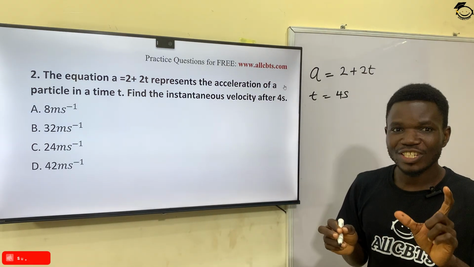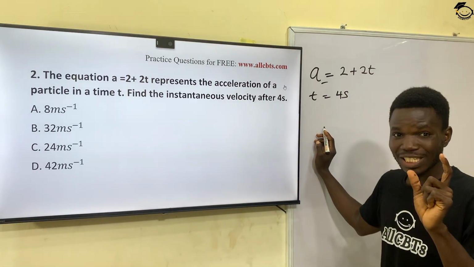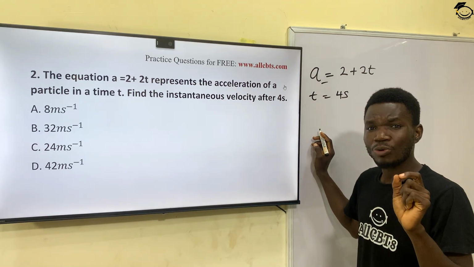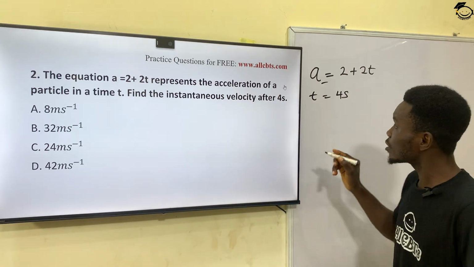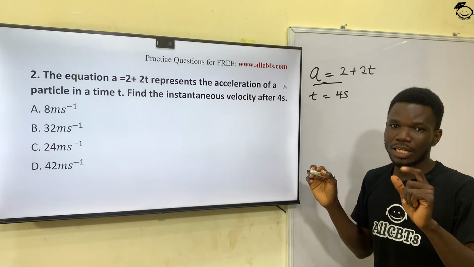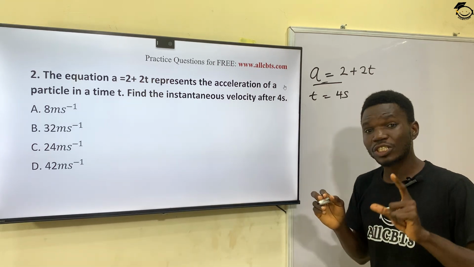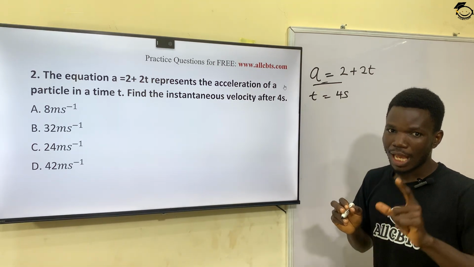So they've given us the equation for acceleration, but we are asked to find instantaneous velocity. And the only way we can find the instantaneous velocity is to integrate our acceleration, because whenever you integrate acceleration, you're going to get velocity. And when you differentiate velocity, you are going to get acceleration.